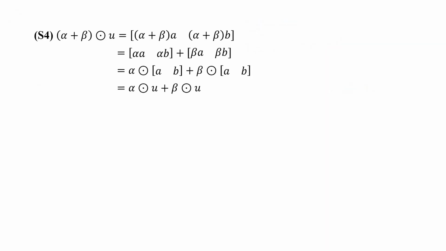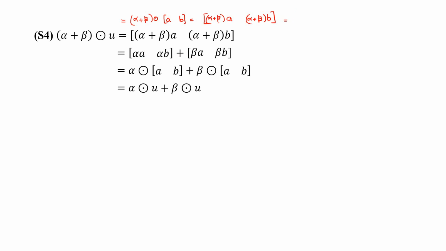What is S4? S4 is a distributive property. (Alpha plus beta) times u is equal to (alpha plus beta) dot (a, b), that is equal to (alpha plus beta) a, (alpha plus beta) b, we just give it to both the elements. Now you can open this bracket, right?